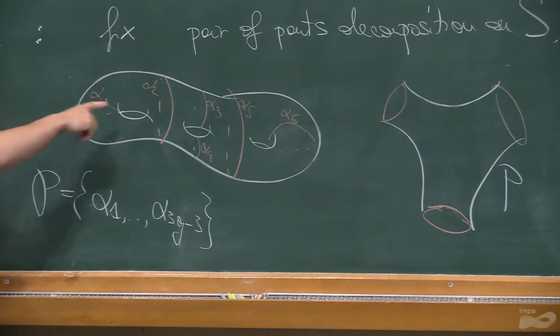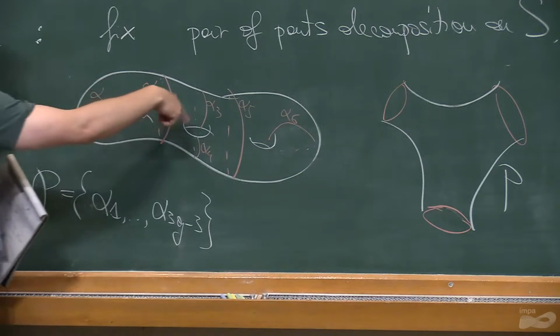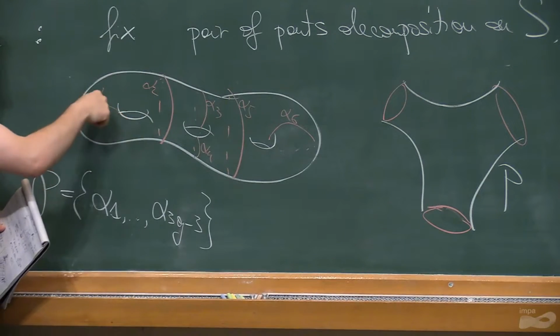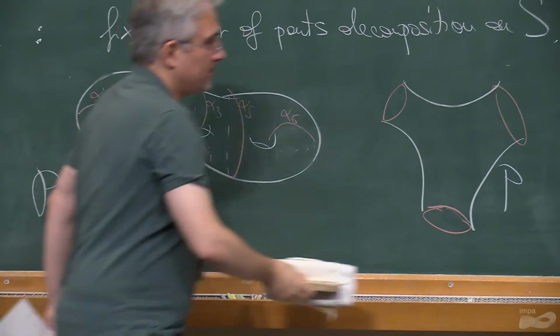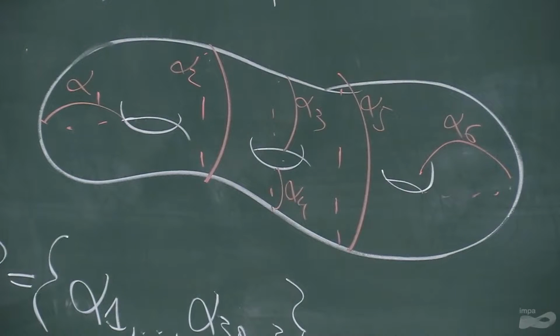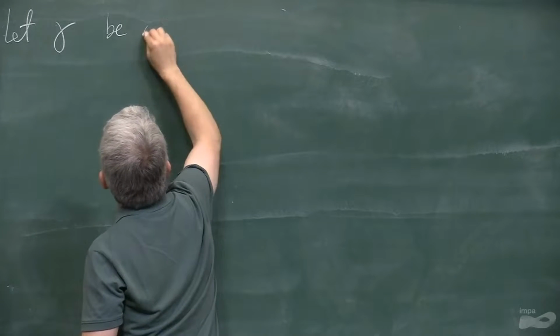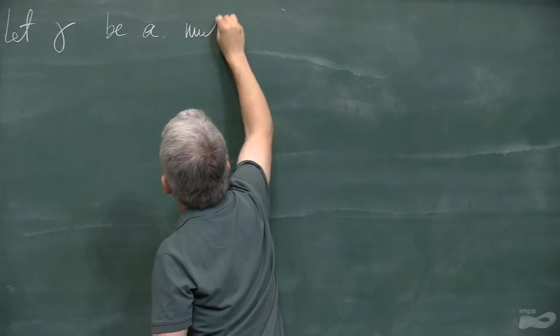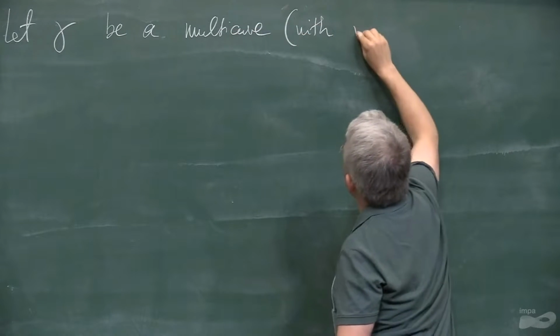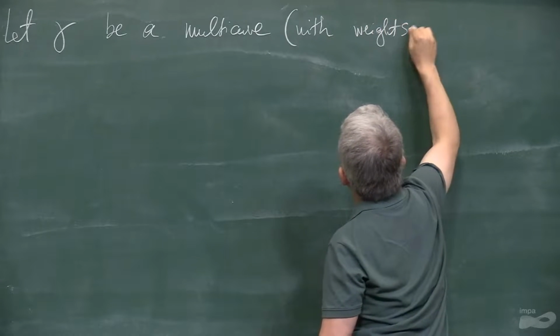Okay, then if you have a curve or a multicurve wandering around, then you want to analyze what happens. You chop it along every pair of pants, and you want to see what happens inside each pair of pants. So the first piece of information is how your multicurve, let's take it to be a multicurve, say just for simplicity, but it's not needed, with weights which are only 1.